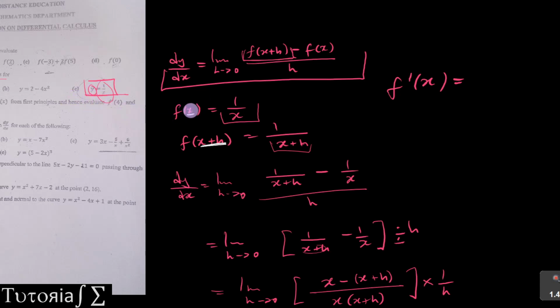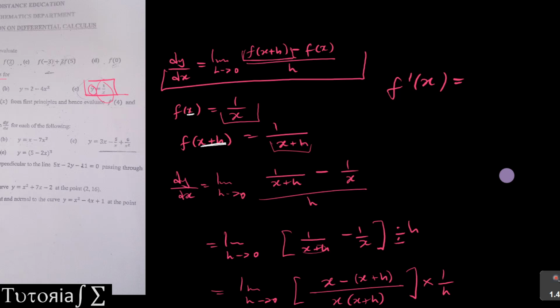Then in place of x, according to the formula, we should have x plus h. Basically, where there is x in the f of x, we place x plus h, which we did here. Then we replace back f of x plus h, which is required here. And negative 1 over x, we put it here over h.